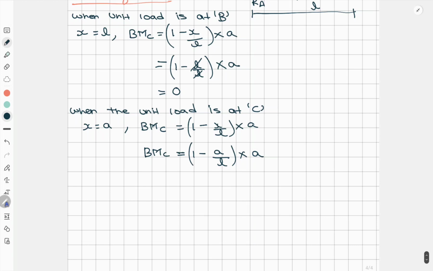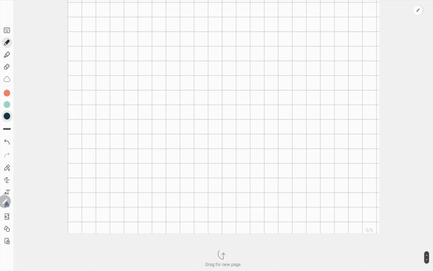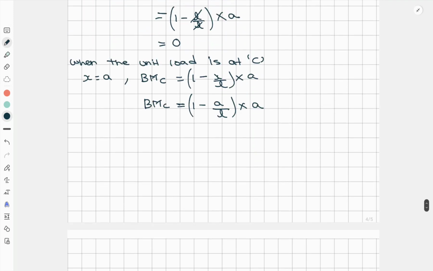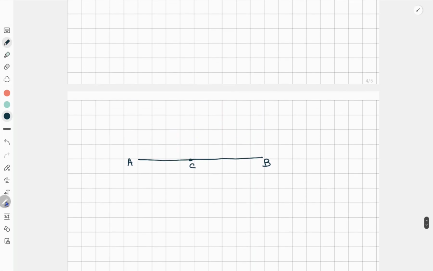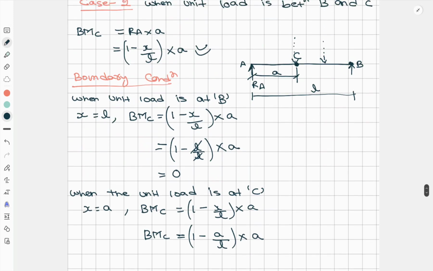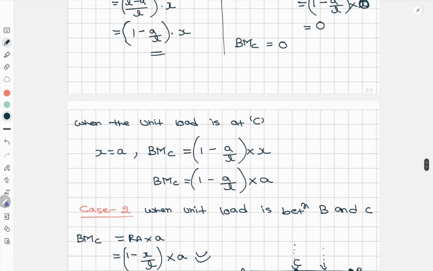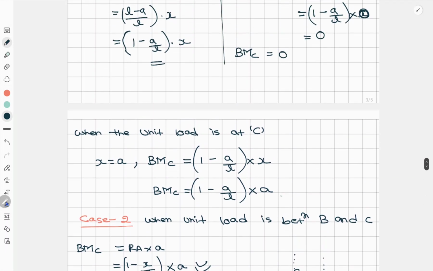Now we have to draw the ILD for bending moment at C. Okay, I'll draw here. This point is A, this point is B, and C point was somewhere here. Now the bending moment from A to C, for the first condition, is this one, right?